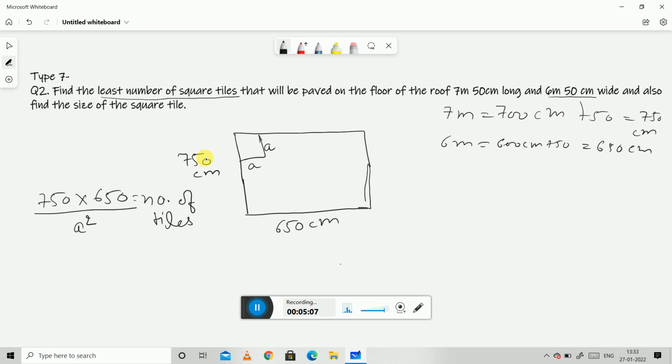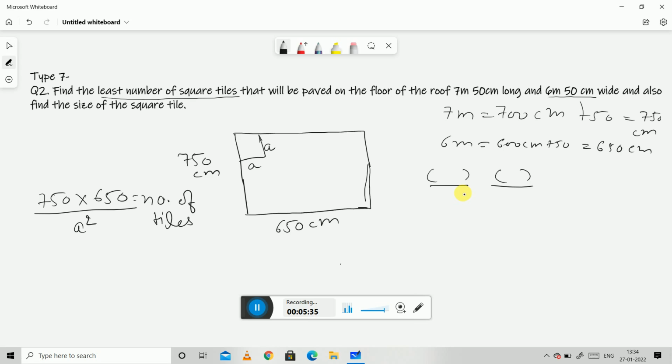So now this number of tiles has to be the least. One thing you must know is that if we have a fraction and the numerator is the same, then as you increase the denominator, you will get a lower value in the result.